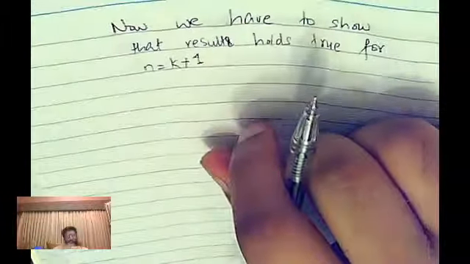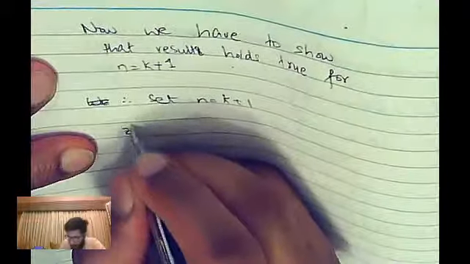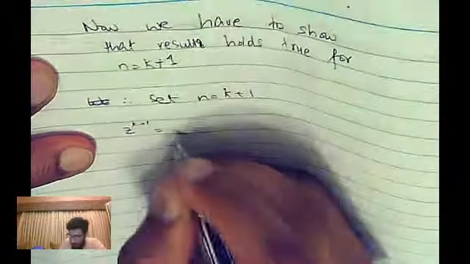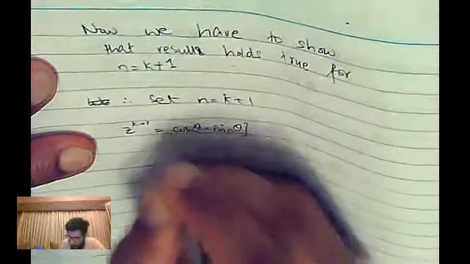Now if we add 1, what's going to happen? We therefore set n equals k plus 1. So z raised to the power k plus 1 equals cos theta plus iota sine theta whole raised to the power k plus 1.